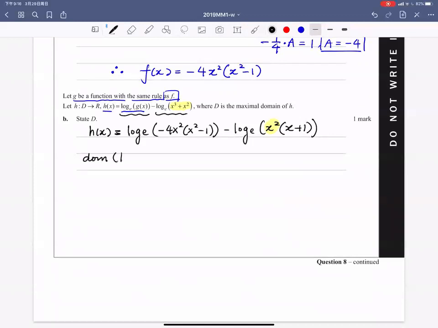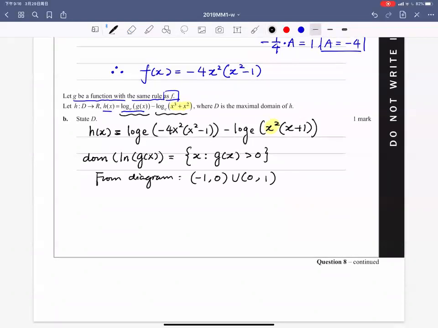Domain natural log g of x is a set of values of x such that g of x is greater than 0. From the diagram, minus 1 to 0, union 0 to 1, excluding 0, okay?